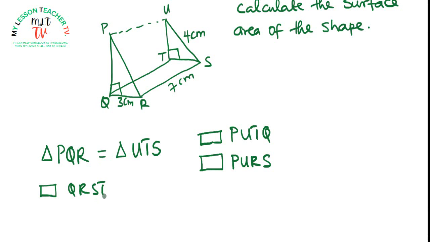So once you can get the total surface area of each of these shapes, sum them up together, it gives you the total surface area of the prism.